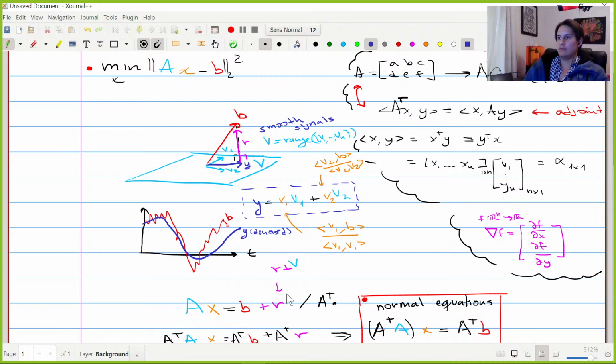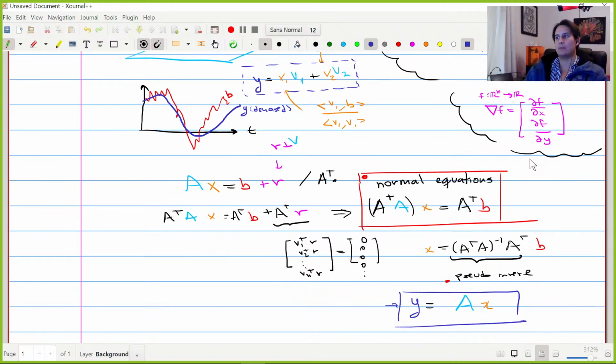But by doing all of this with the normal equations, we only got the vector of coefficients, x1, x2, and so on. This x.